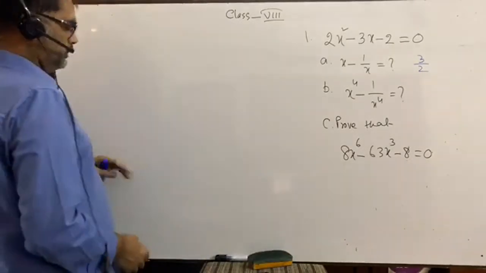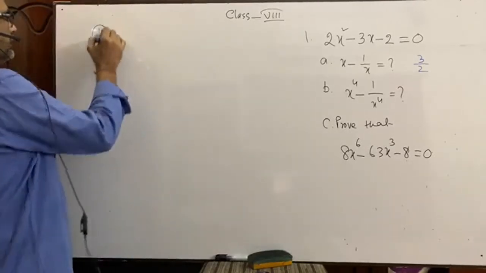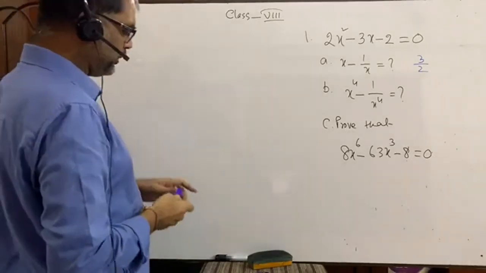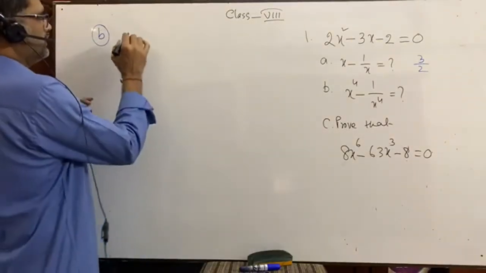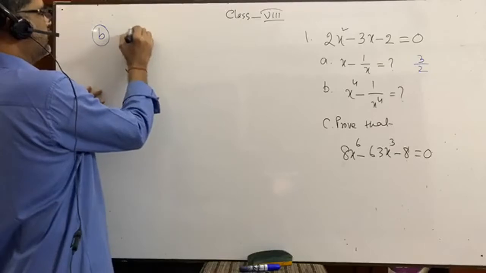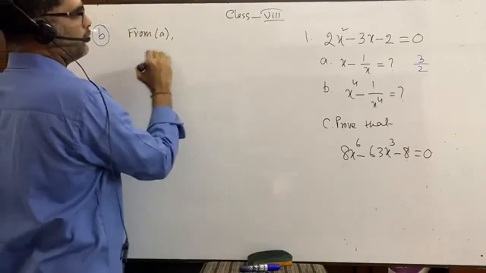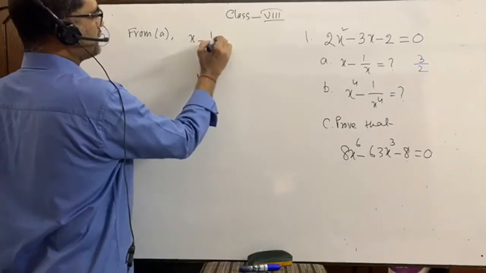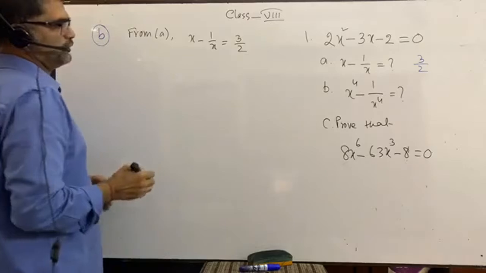Now, question number B. At the beginning of question number B, we just write down from A: we have got x minus 1 by x equals 3 by 2. That's good.